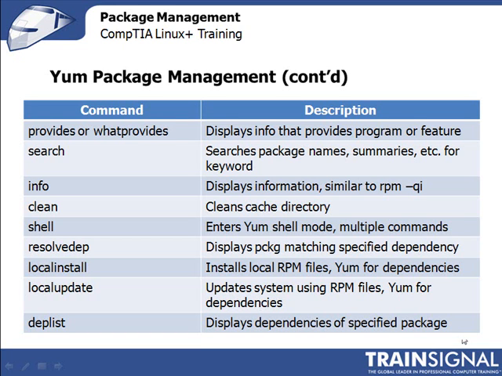Localinstall installs local RPM files and uses yum for dependencies. Localupdate will update the system using the specified RPM files and uses the yum repository to resolve any dependencies. And finally, deplist displays dependencies of the specified package.